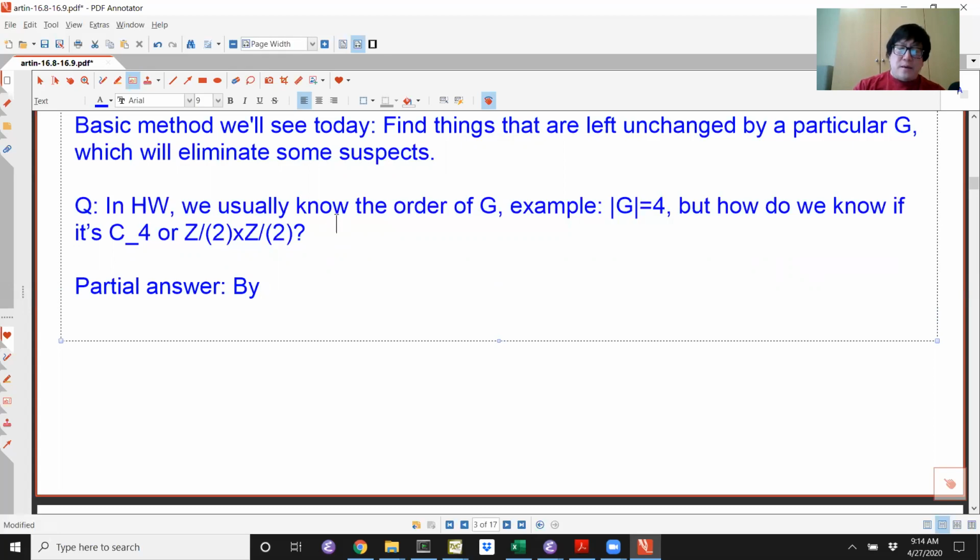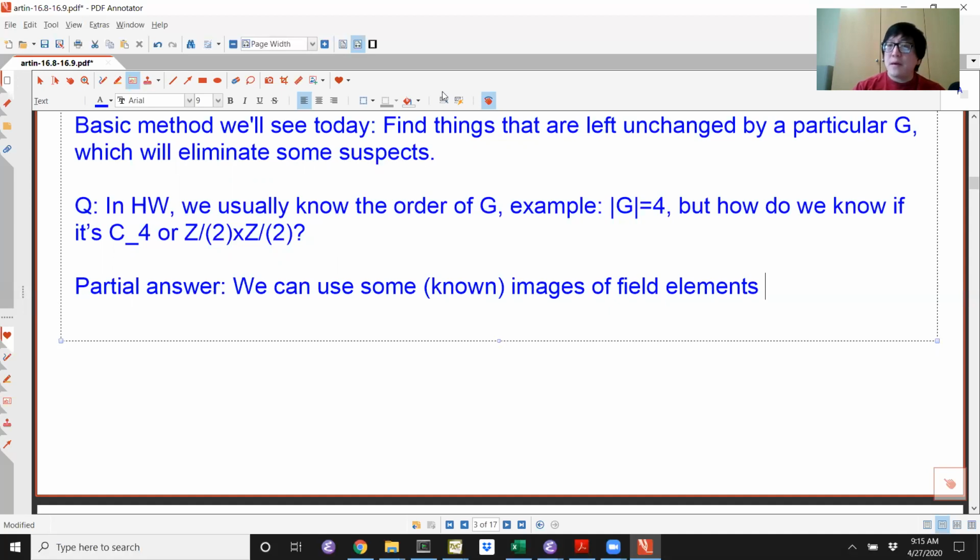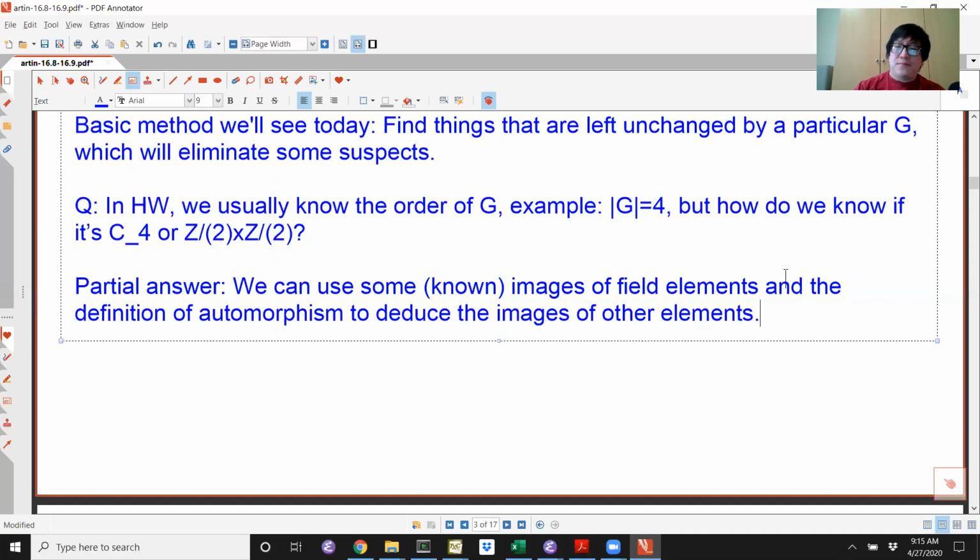We can use some known images of field elements, and the definition of automorphism, to deduce the images of other elements.